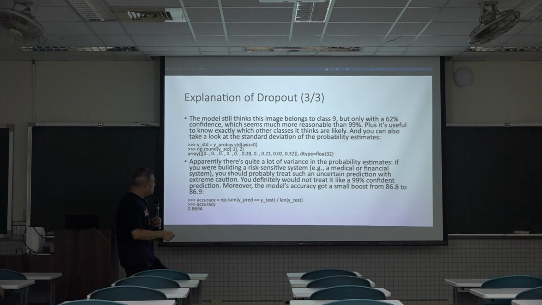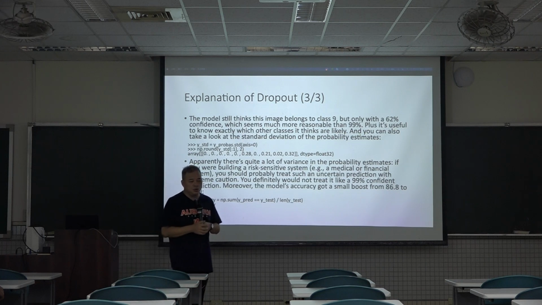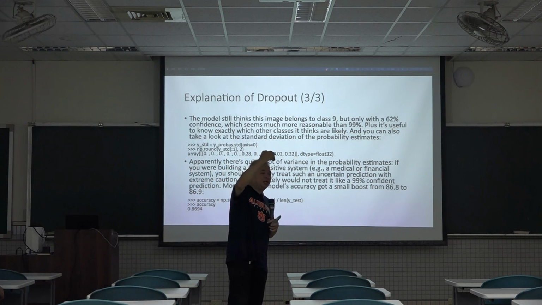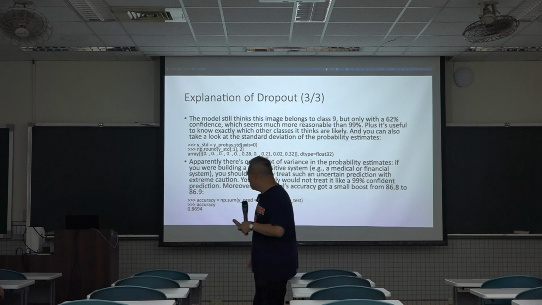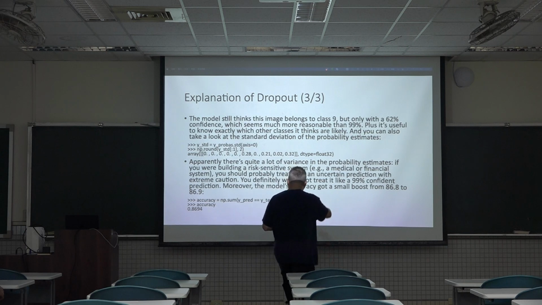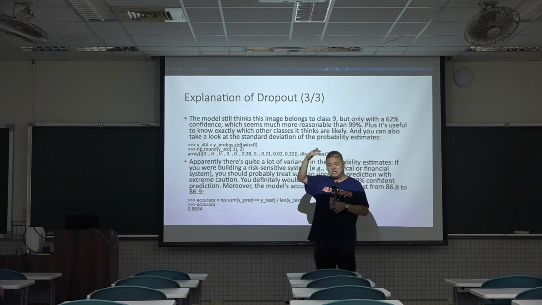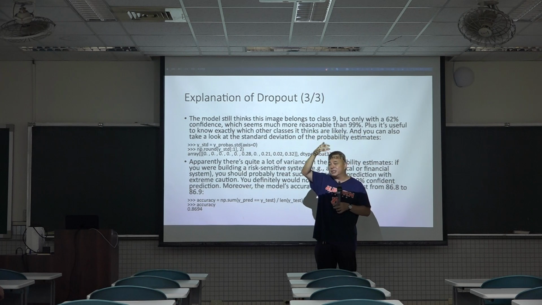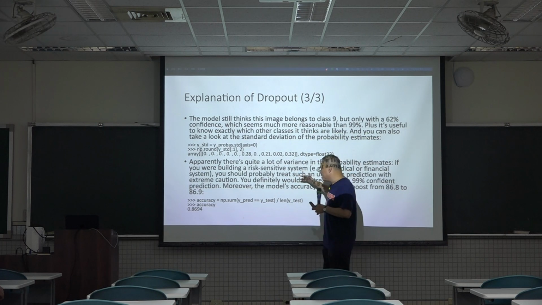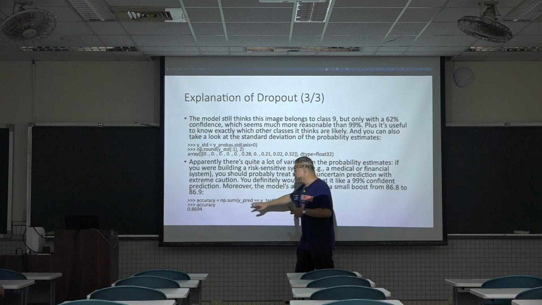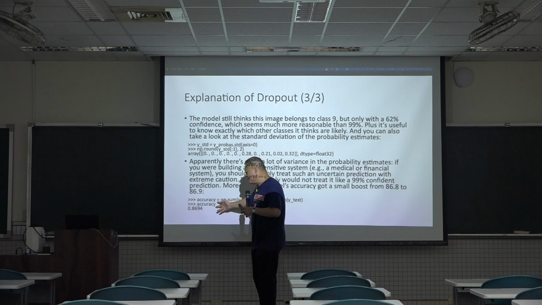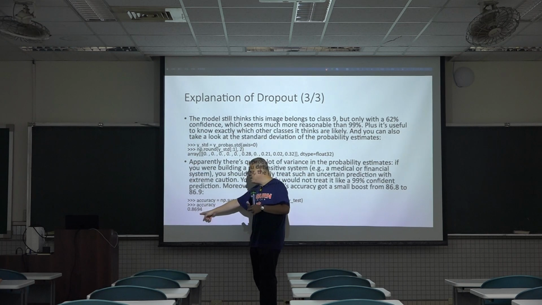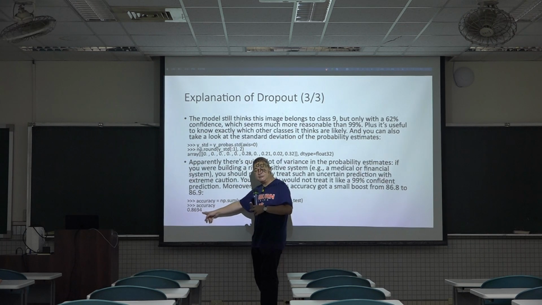Once you use MC dropout, you are still going to take the class with the highest probability as the answer. Remember we do this for every instance in the test set 100 times, and then we take the average, and use it to check the accuracy of the model. Interestingly, the accuracy now is 86.94%.